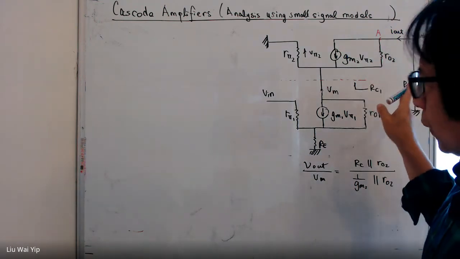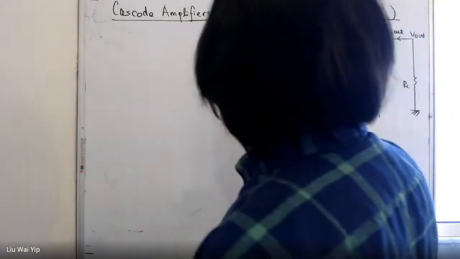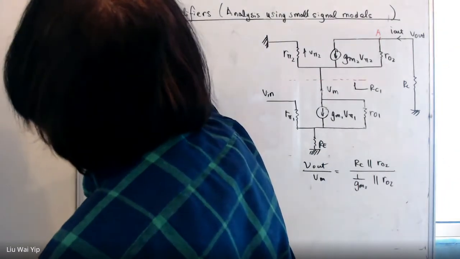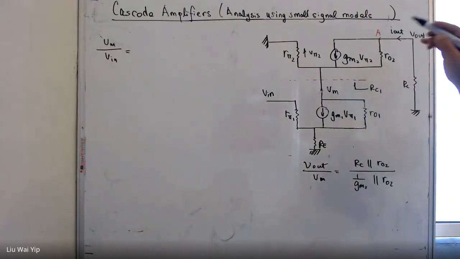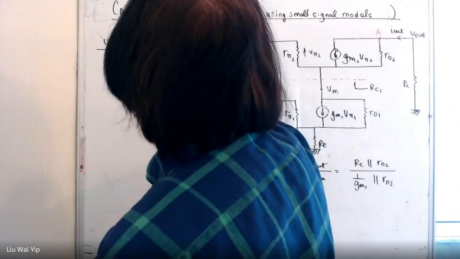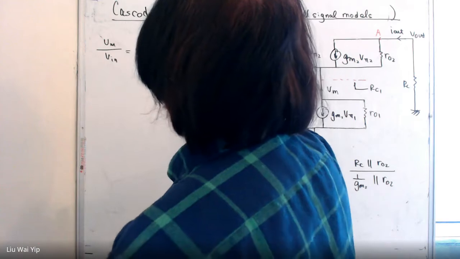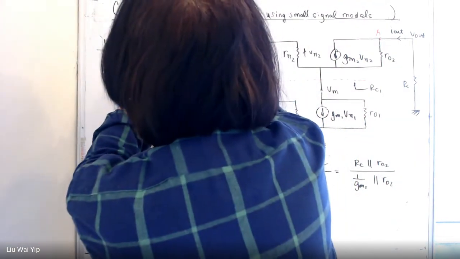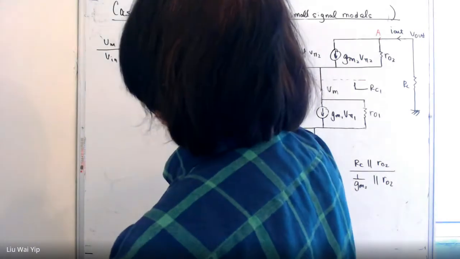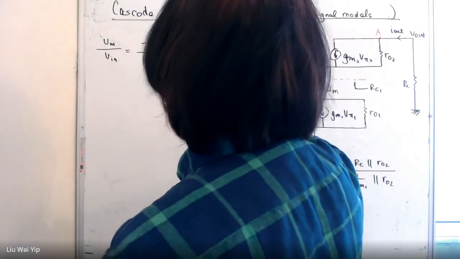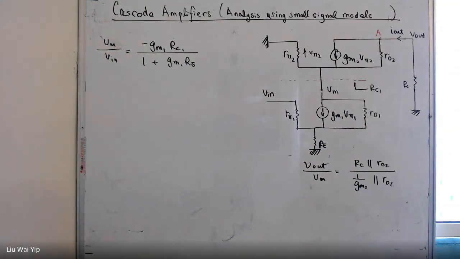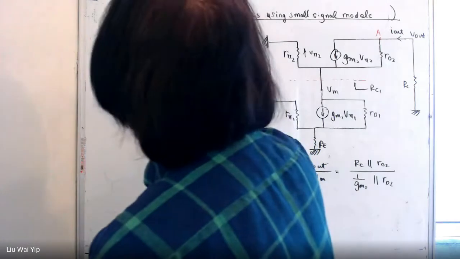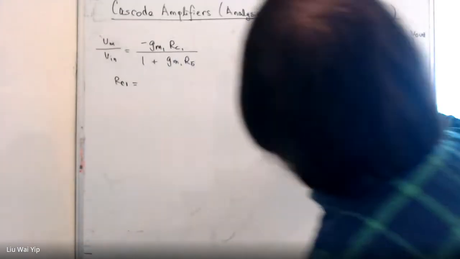So if you remember correctly, Vm over Vin is actually equal to RC, and then the formula is quite clean. And now the question is, what is RC1? RC1 is actually this resistance.